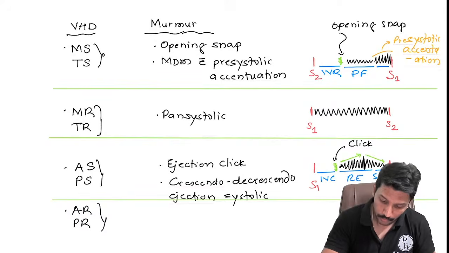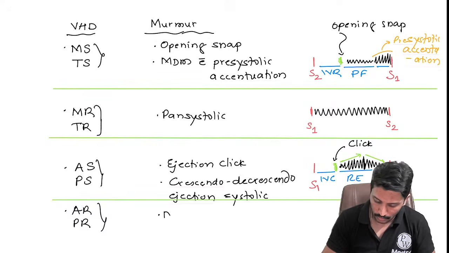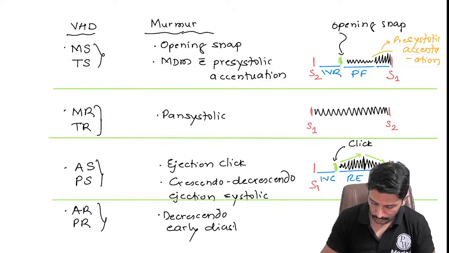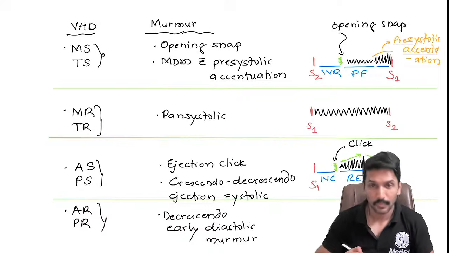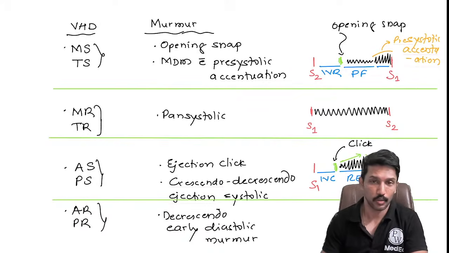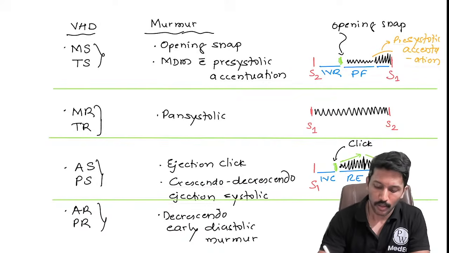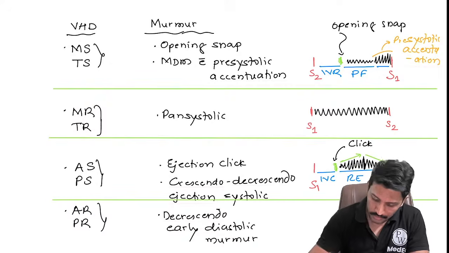Now AR and PR produce a decrescendo early diastolic murmur. Okay. So how is it going to look?